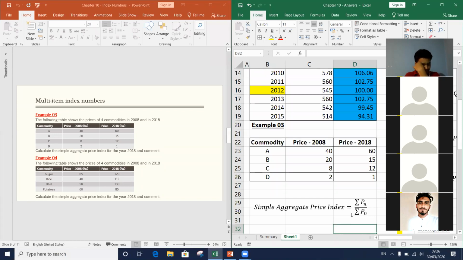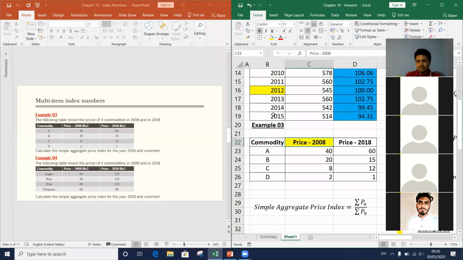Now tell me, what is the base year? Is it 2008 or 2018? It should be 2008.